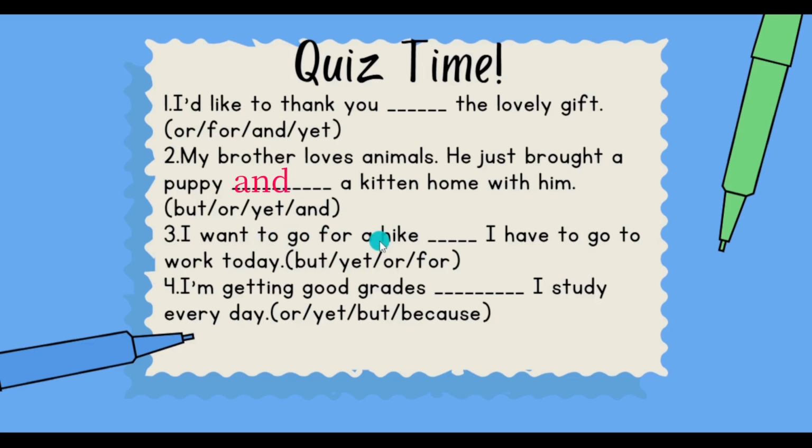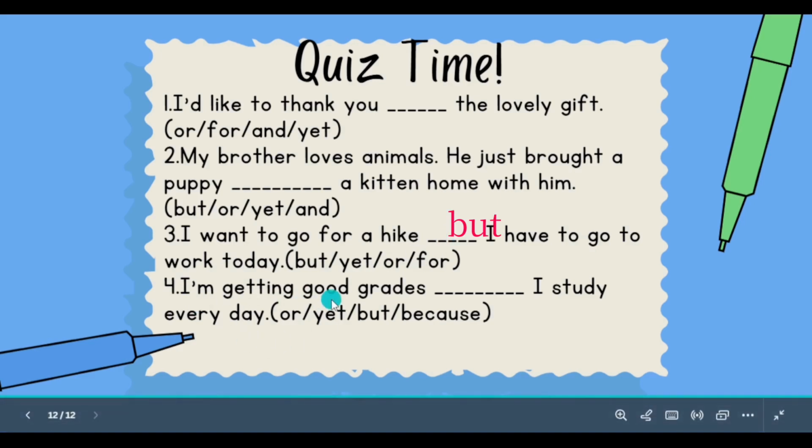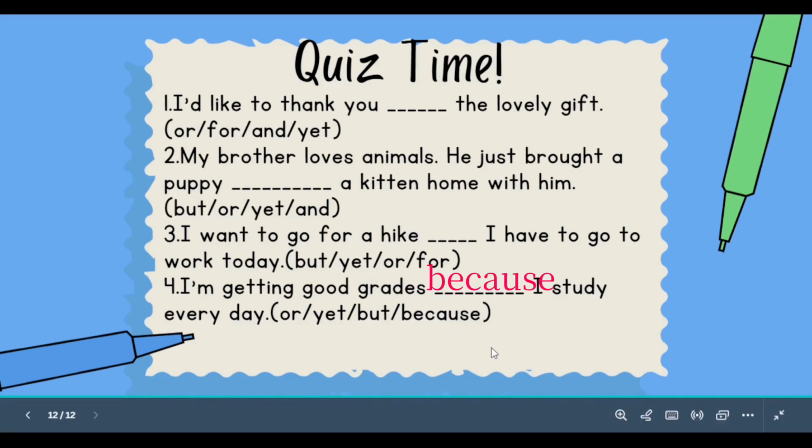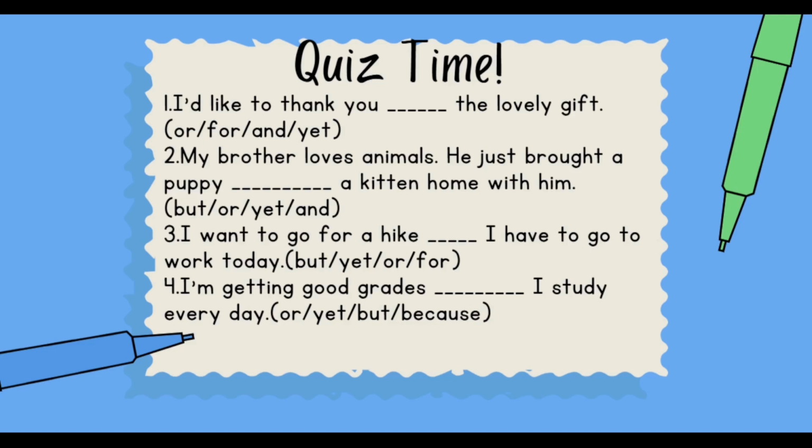I want to go for a hike, blank, I have to go to work today. Answer is but. I am getting good grades, blank, I study every day. Answer is because. Let me know how many of you got correct answer.